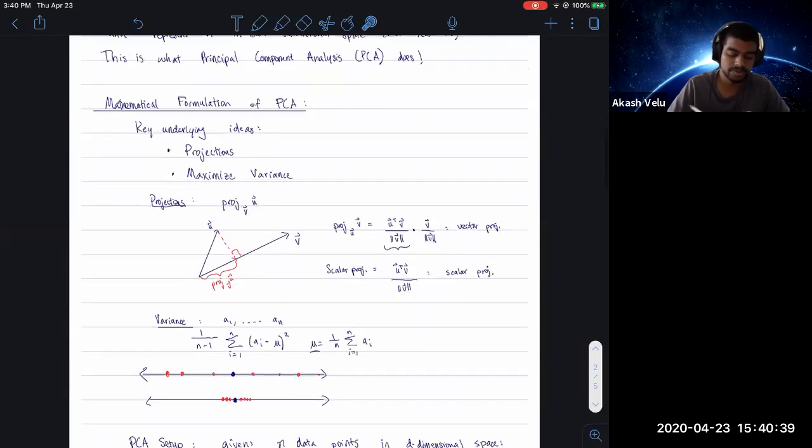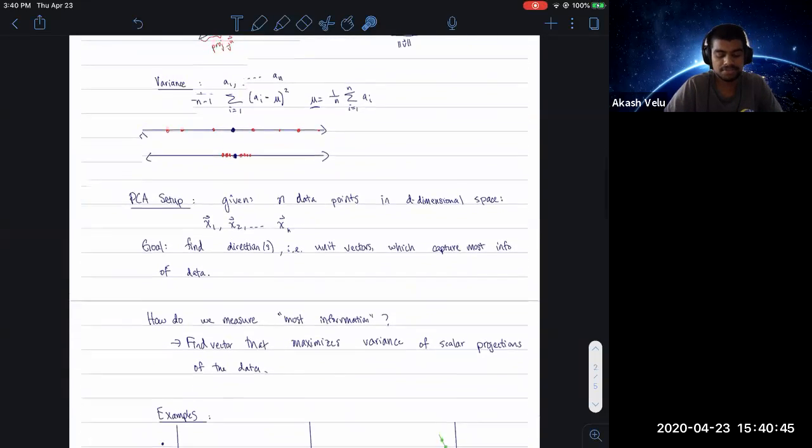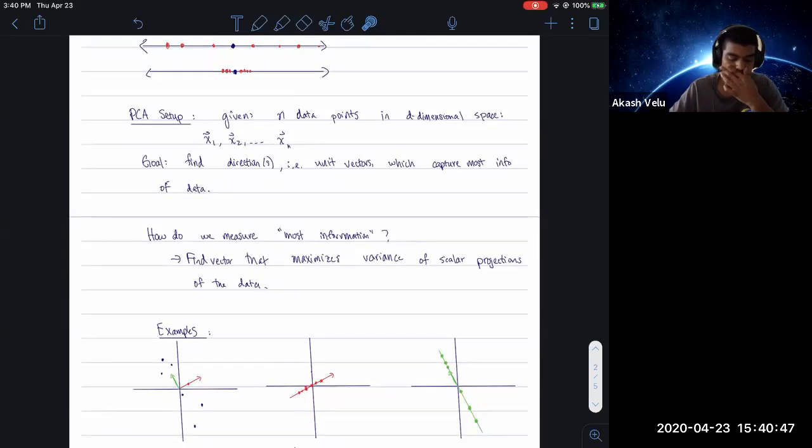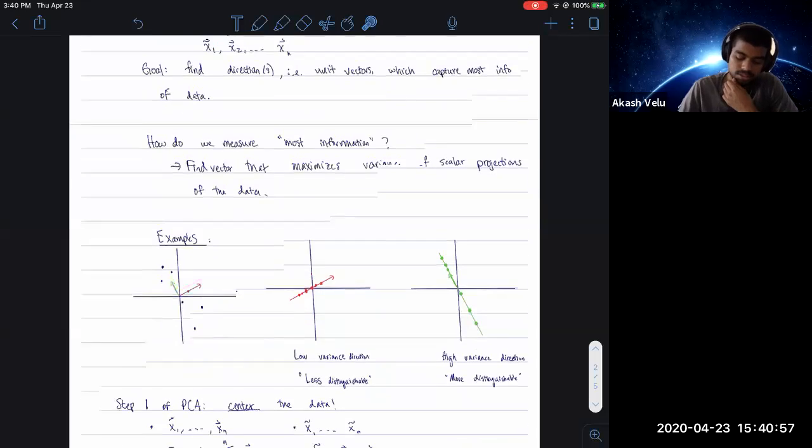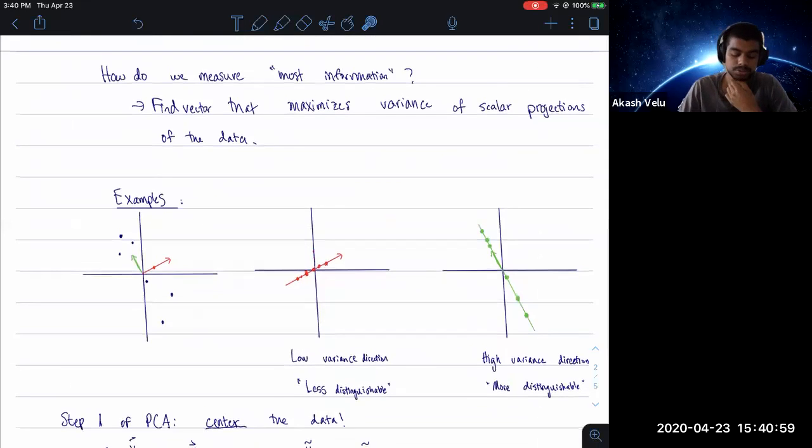We reviewed the concept of projection and variance, which are really important. We set up the problem so that we want to find the vector, out of all the possible vectors, that maximizes the variance of scalar projections of the data. This example is super useful for understanding that.